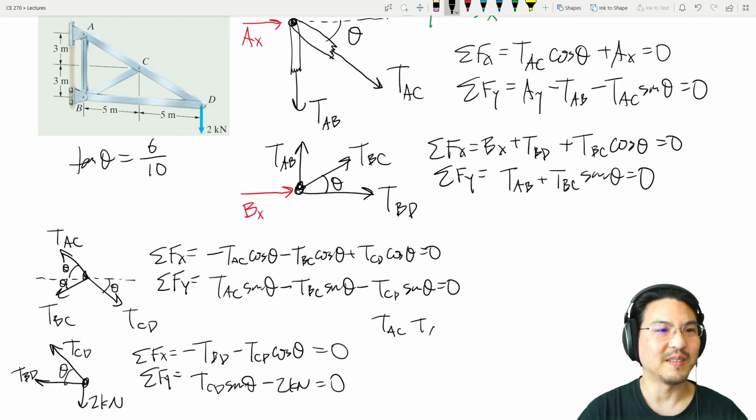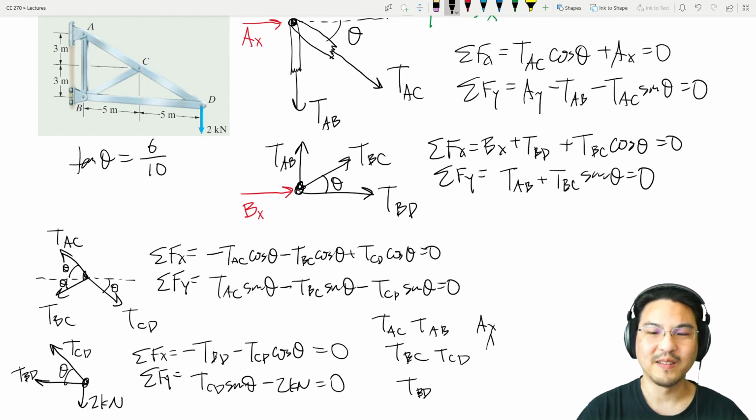T_AC, T_AB, T_BC, T_CD, T_BD, and the reactions at the supports.